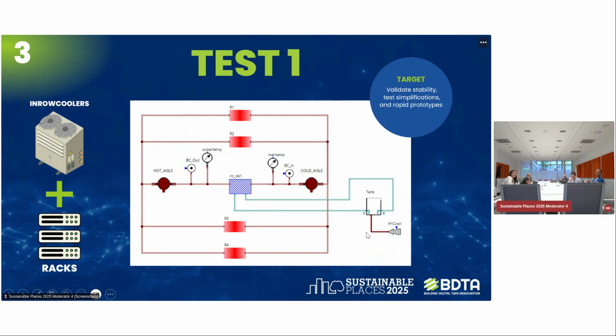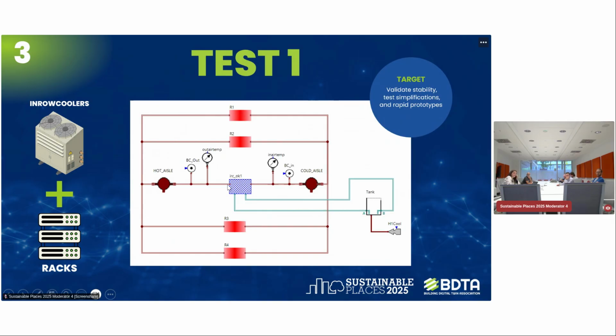And you have a tank. This is just a trick, but to know how the in-row cooler is working, we are heating the liquid in the tank. Here the liquid is, for example, 7 degrees, 7 degrees is the parameter.